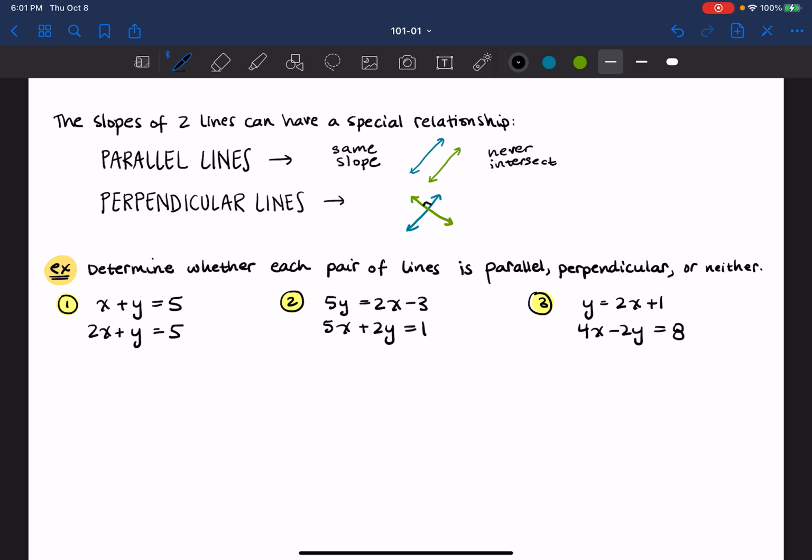So these intersect at a right angle, or 90 degrees. And the relationship of their slopes is that their slopes are called negative reciprocals, or opposite reciprocals.